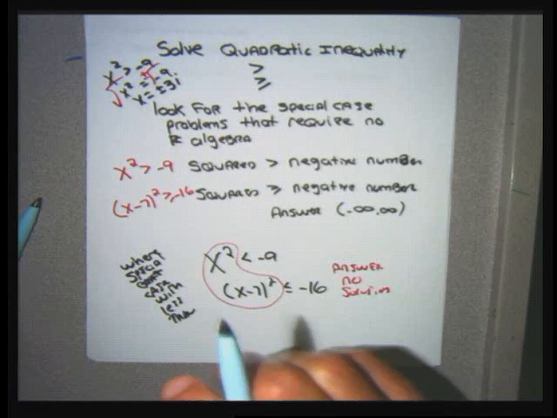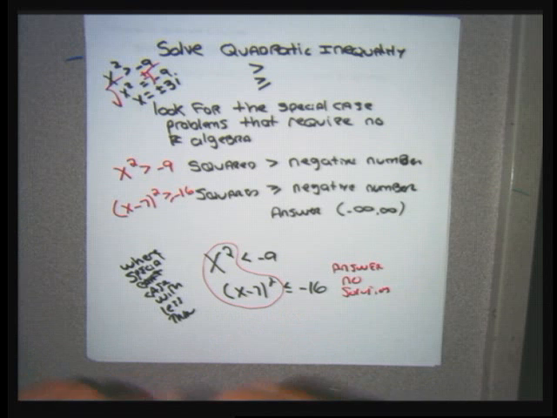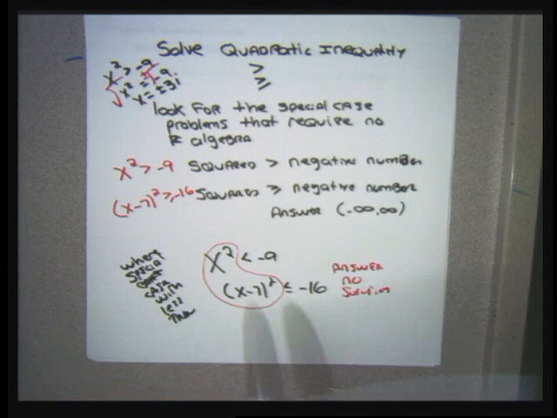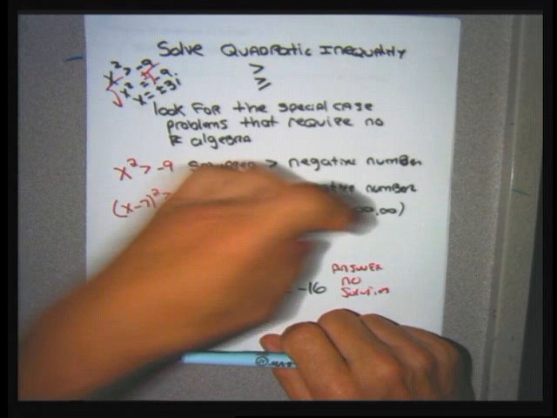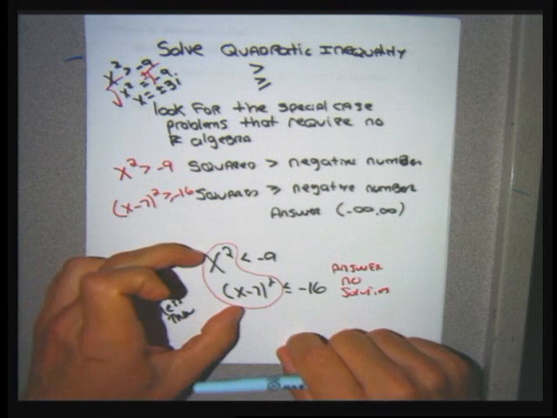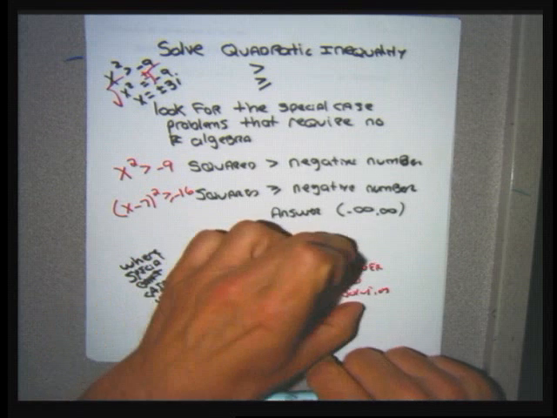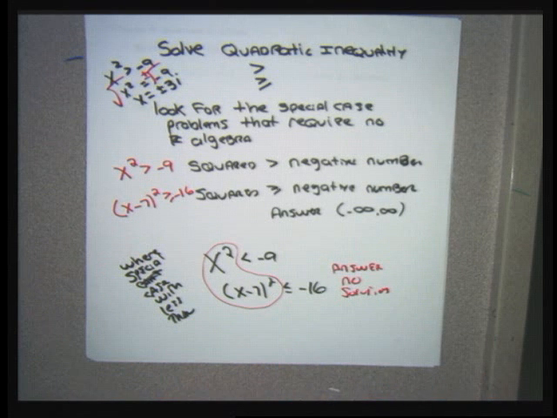And immediately when my algebra leads me to an i, I know that it's a special case, and I should try to figure out which of the special cases it is. Is it the left side squared greater than a negative number, which means every number works, or is it the left side squared less than a negative number, which means no number works? But you should stop doing your algebra and figure out which special case it is.